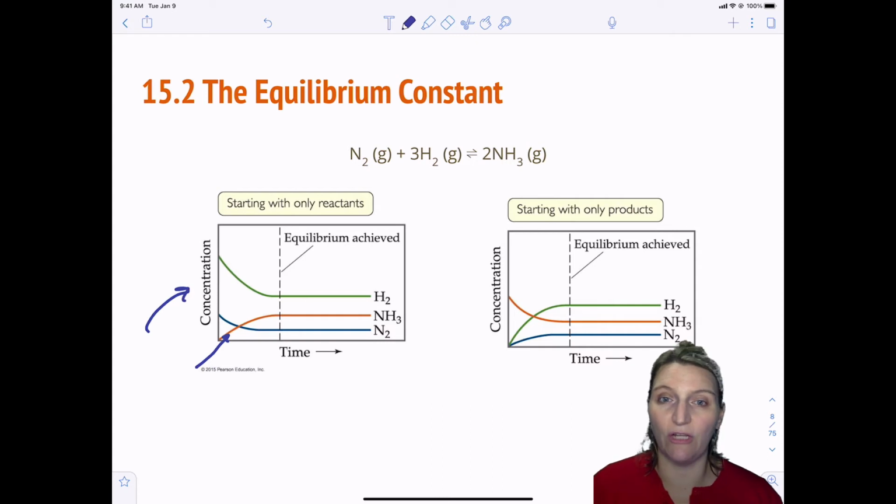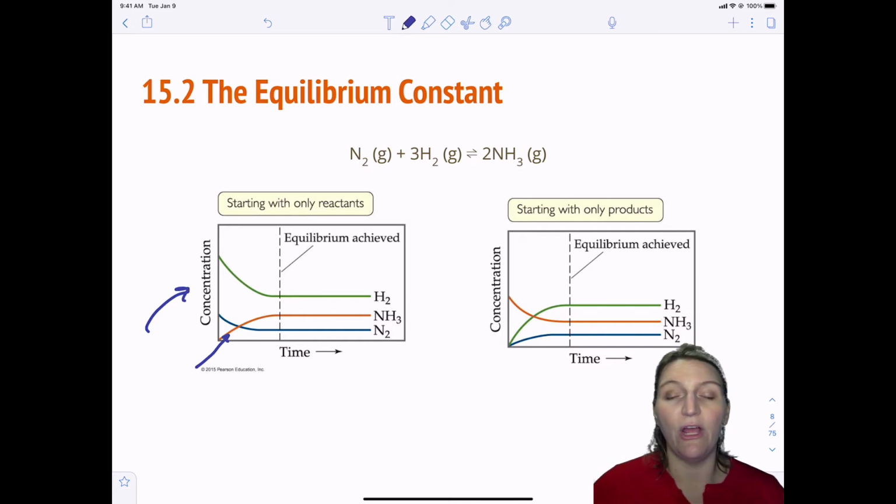They stop changing. The concentrations stop changing when the reaction is at equilibrium, because the rate forward is equal to the rate reverse. So as soon as a molecule of NH3 gets made, a molecule of NH3 decomposes.